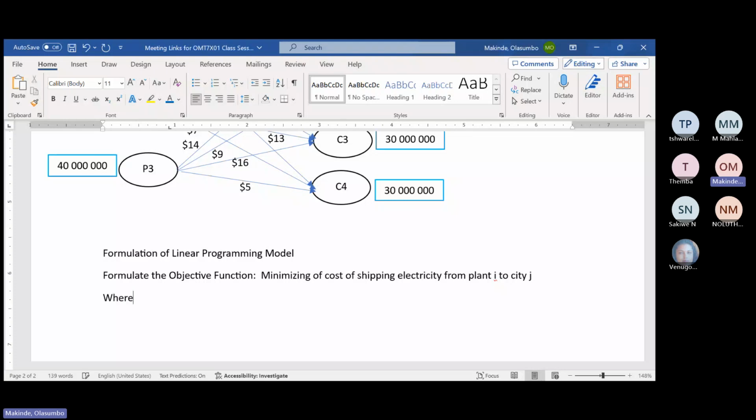Where I, don't forget how many plants do we have there? There are 3 plants, right? Because I don't want to write many stories of saying from plant 1, plant 2, and plant 3. So I'm just saying from plant I, where I equals 1, 2, and what? 3, because we have 3 plants. If we have 4 plants, then it will be 1, 2, 3, 4. And J equals, we have 4 cities. 1, 2, 3, and 4. Does that make sense?